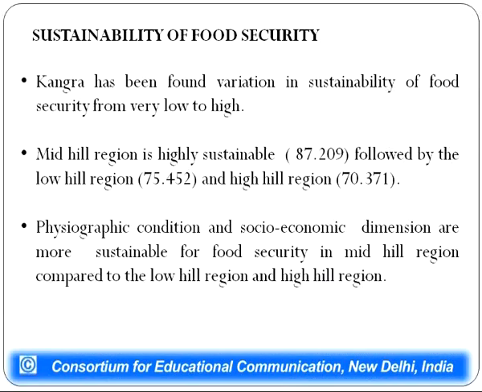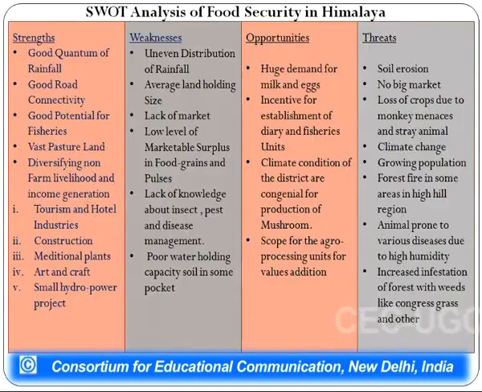Sustainability of food security in Kangra has been found to vary from very low to high. Mid-hill region is highly sustainable, followed by the low hill region. Physiographic condition and socio-economic dimension are more sustainable for food security in mid-hill region compared to low hill region.